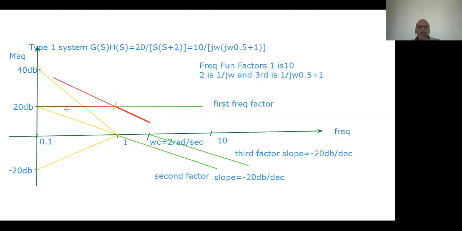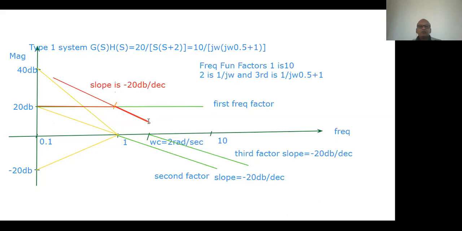This 0 plus minus 20, the slope here is minus 20 dB per decade. Okay.